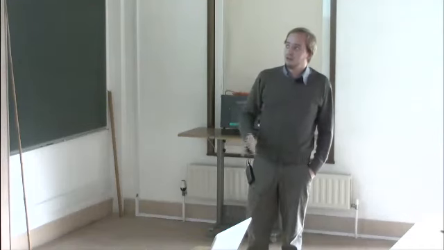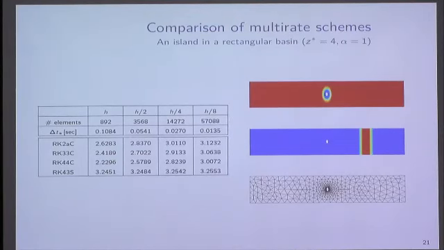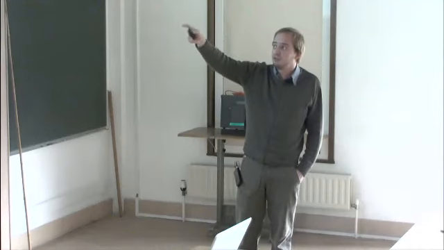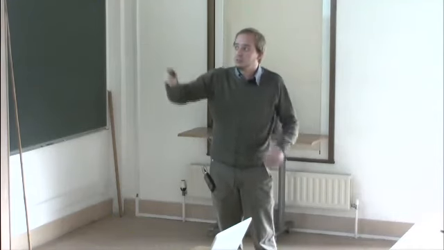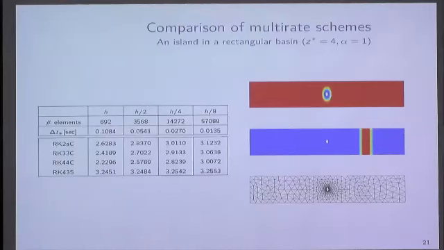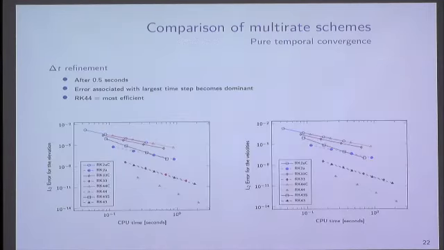We can see here for different h, we refined the mesh size uniformly, and we obtain different speedups and different numbers of elements, and the time steps decrease, and we always have a speedup that varies, because it's never the same. If you want to do spatial refinement, you won't have the same multirate setup after. So this is purely temporal convergence.